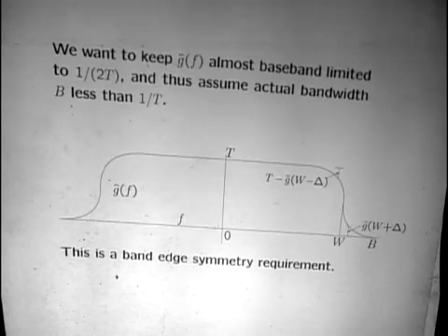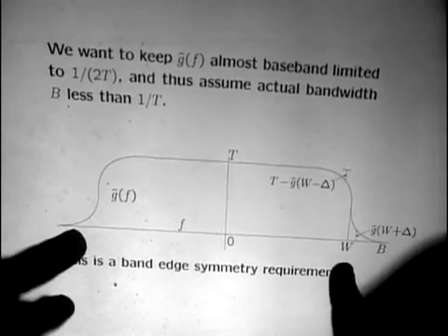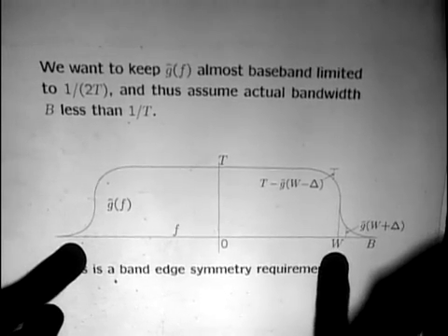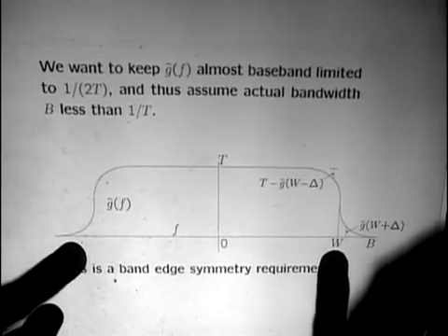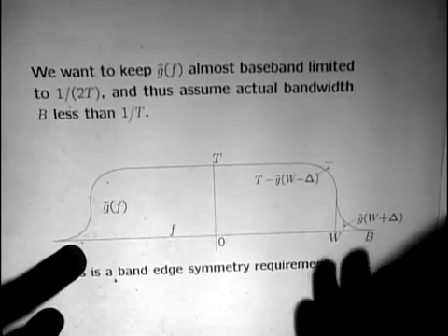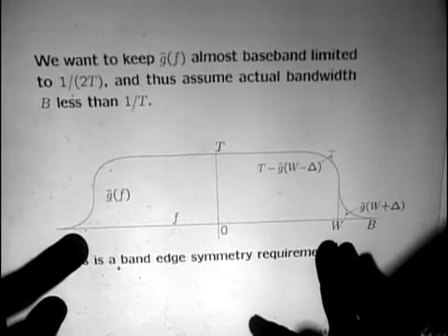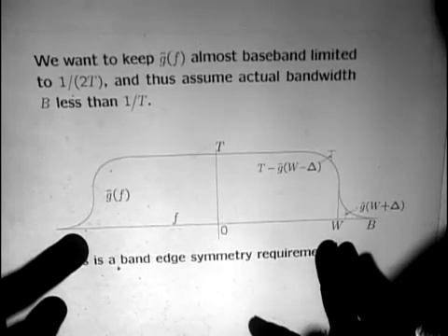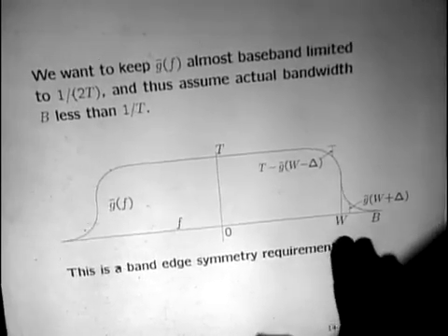So what we're going to assume is that it's limited to at most twice this W, where W is 1 over 2T, which is called the Nyquist bandwidth. Everything is called Nyquist here. So this value here is the minimum bandwidth you could be using. It's 1 over 2T. It's what you would get if you were using the sinc function.